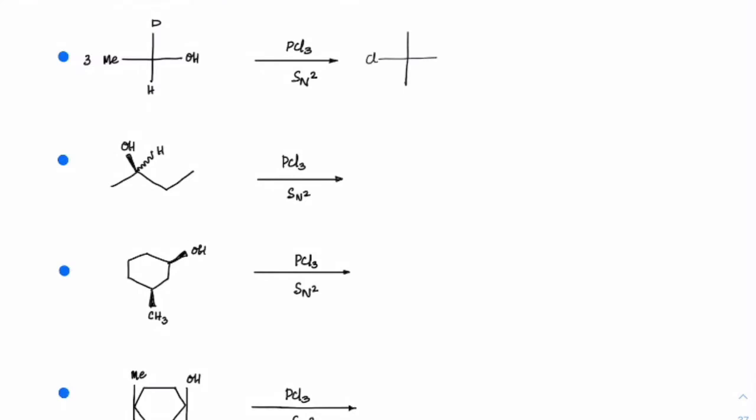So chlorine would come this side, methyl would be here, D and H plus H3PO3. Next one here, H would be on this direction. Now Cl would be on this direction, inverted product, H3PO3.